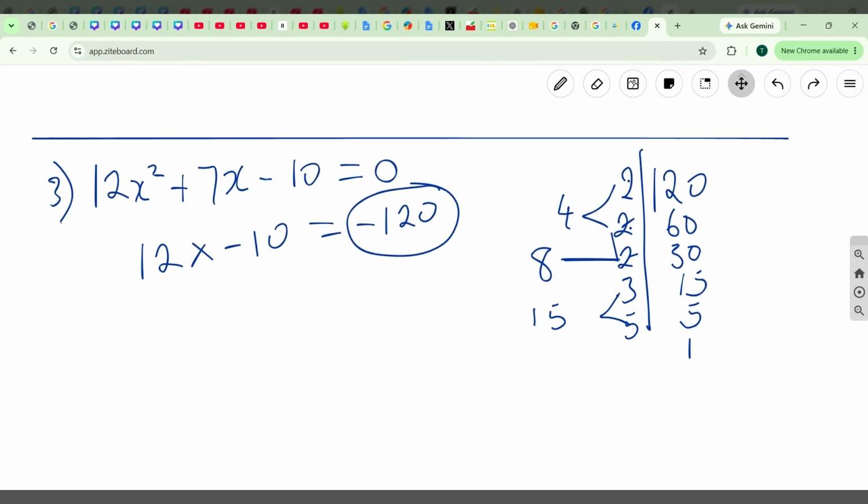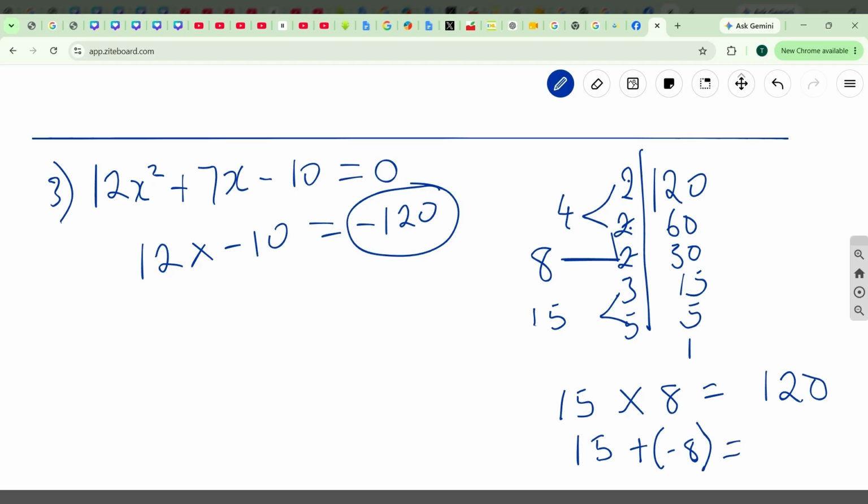Now let's test it to see if it's correct. 15 multiplied by 8 is going to give you 120. And then 15 plus negative 8 is going to give you positive 7.